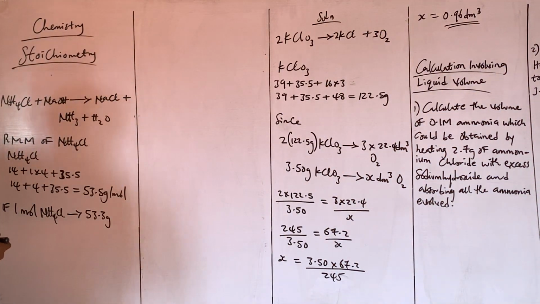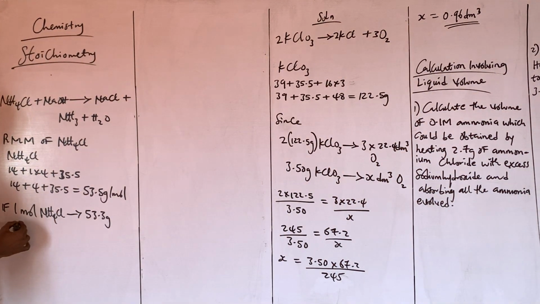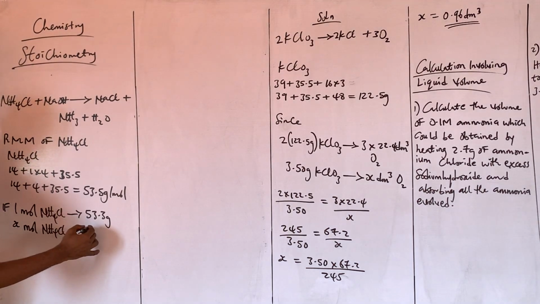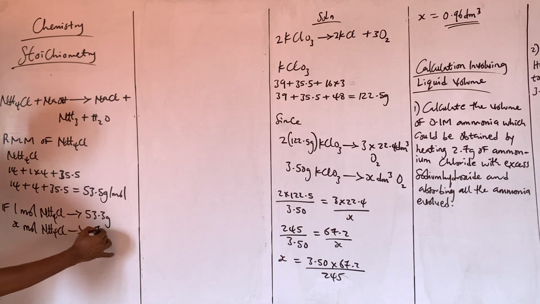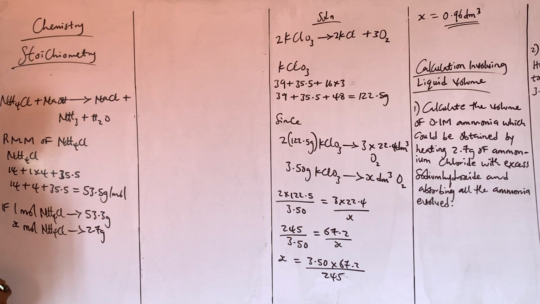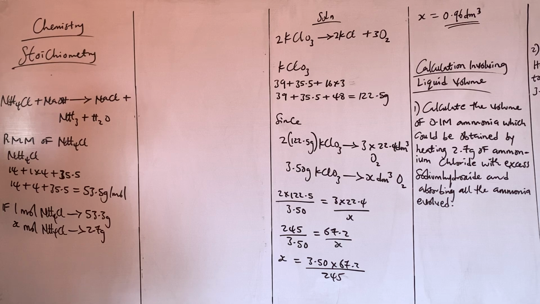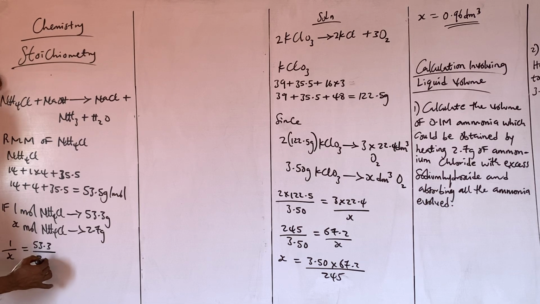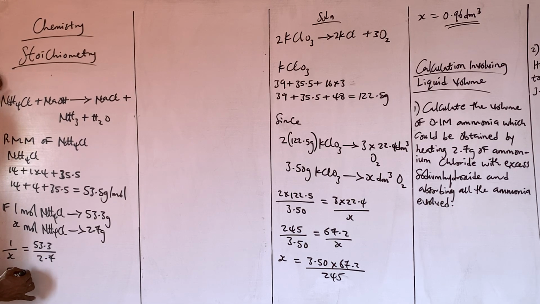So we then say x mole of ammonium chloride will give 2.7 grams. So we write 1 over x is equal to 53.5 over 2.7. When you cross multiply, you have 53.5x equal to 2.7.